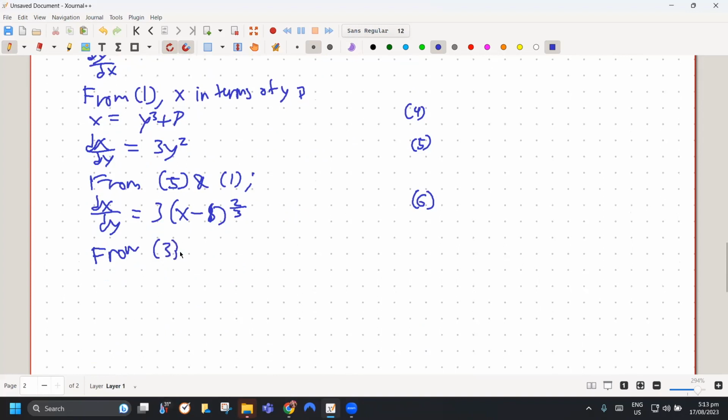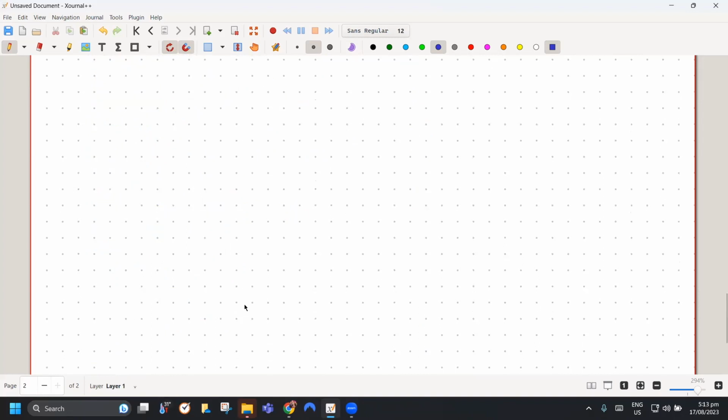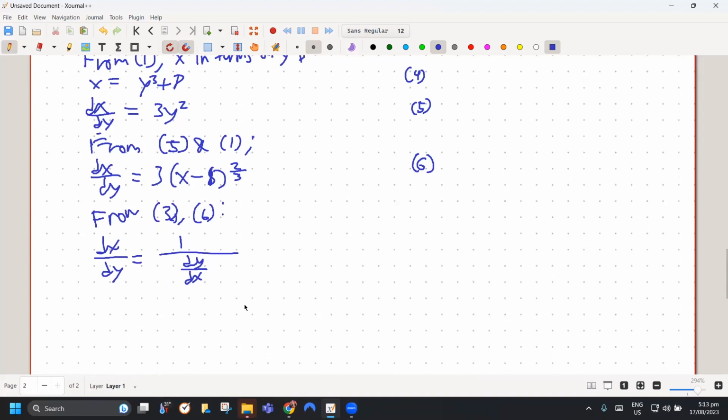So from 3 and 6, dx/dy is equal to 1 over dy/dx. That's what we want to prove. We don't assume it's true. Instead, the task is to show that it is true for these examples.